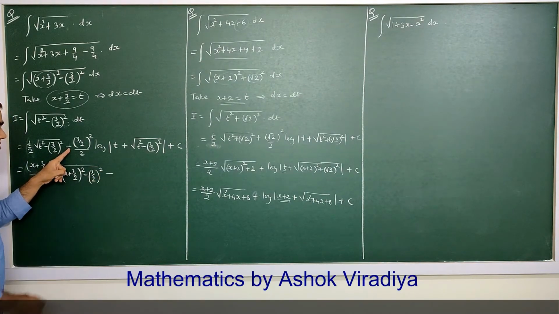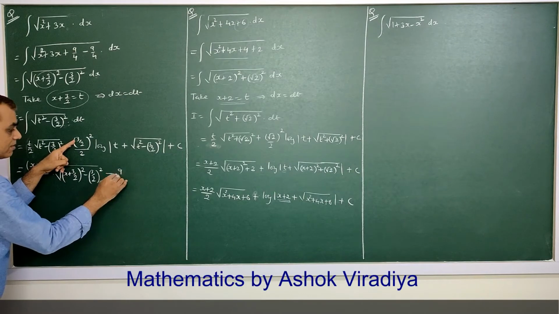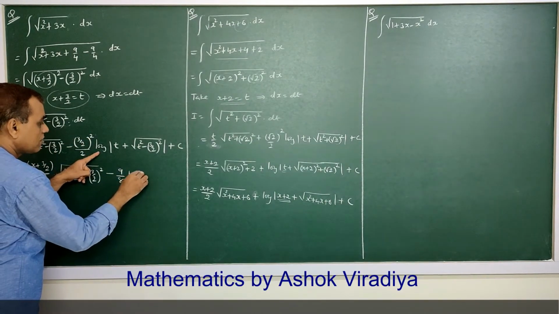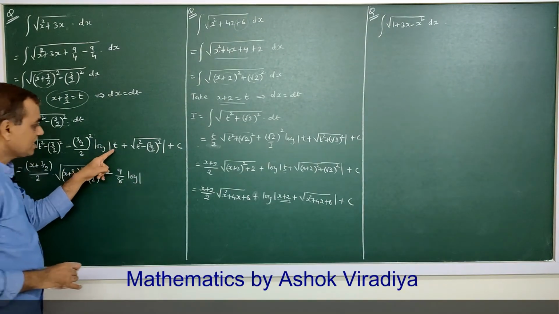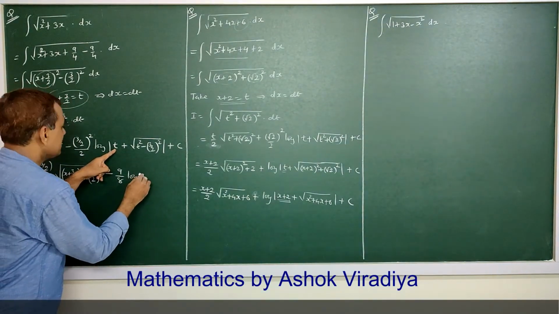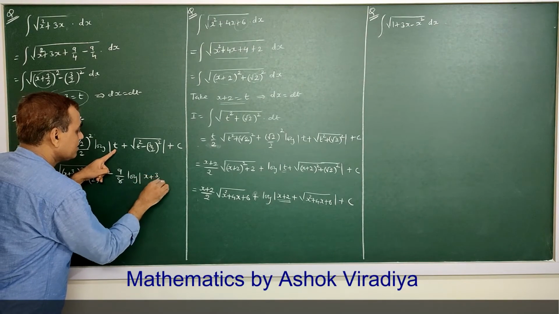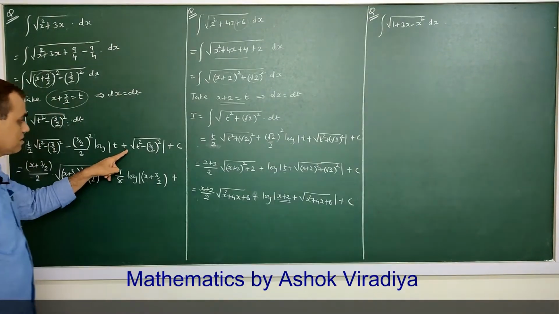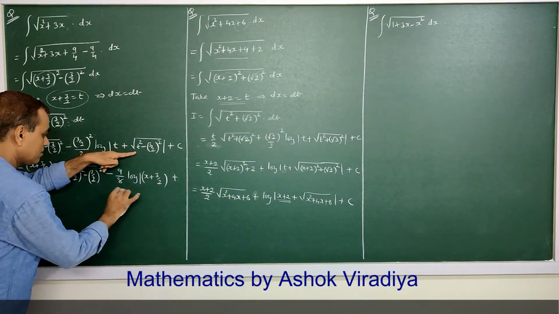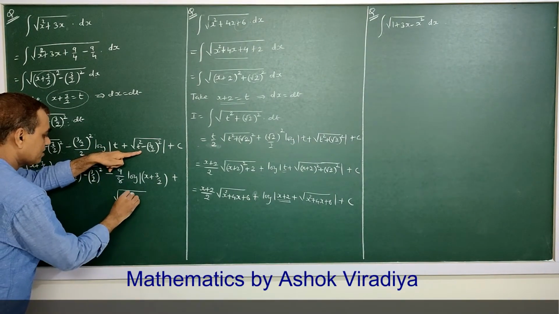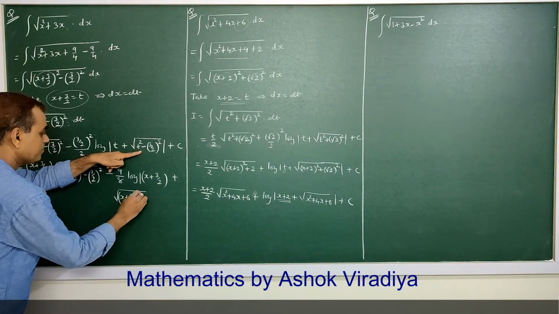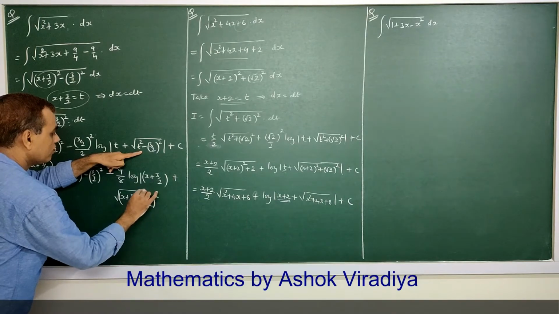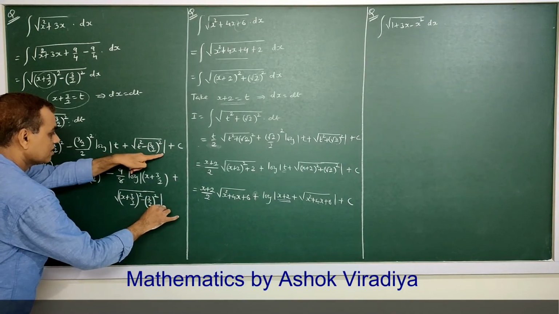Minus 3 square is 9 by 2 square, which is 4 into 2, 8, log modulus t. t is x plus 3 by 2 plus square root of (x plus 3 by 2) whole square minus (3 by 2) whole square modulus plus c.